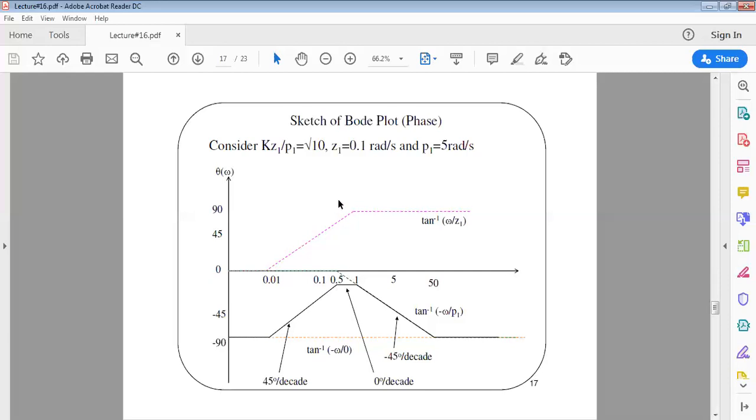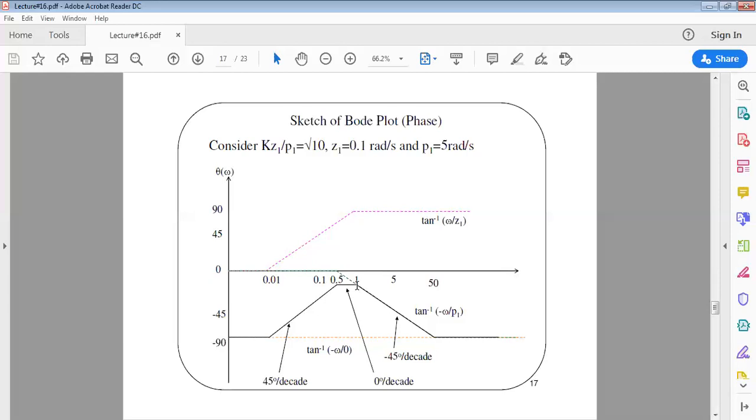When we add this together, we have a net slope of 0 degrees per decade. So that is why we have a constant. And this will end at 1 because at 1 there should be only a single slope of negative 45 degrees per decade, because the pink color has now become a constant.